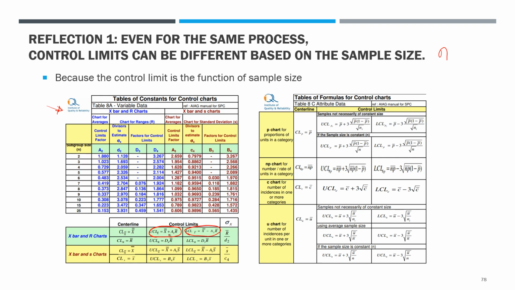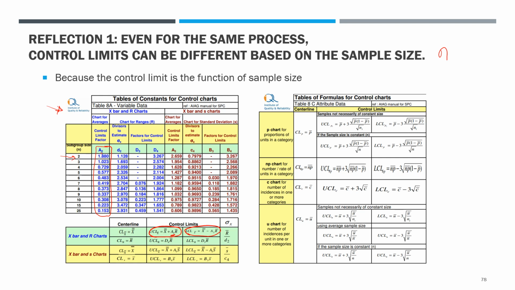The control limit is actually dependent upon the size of A2, and the size of A2 is dependent upon the sample size. For example, A2 is in this first column. When your sample size is 2, the factor A2 is 1.88.